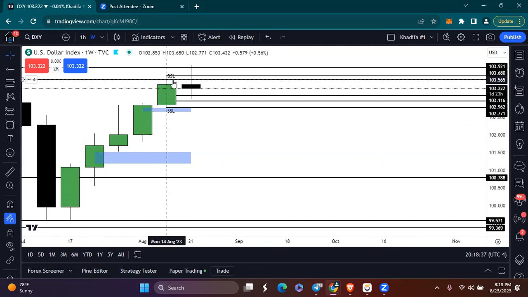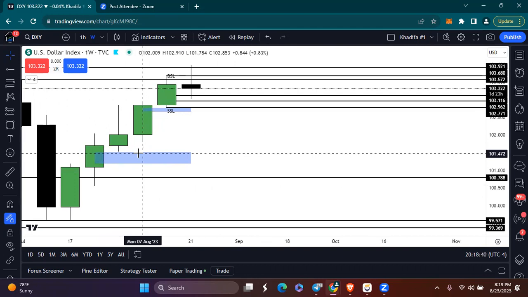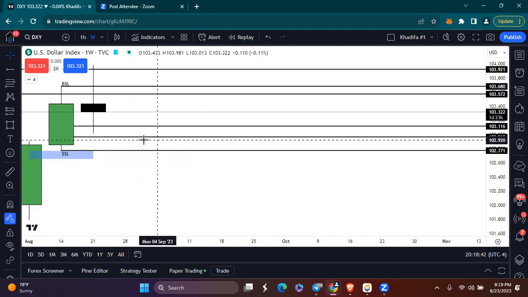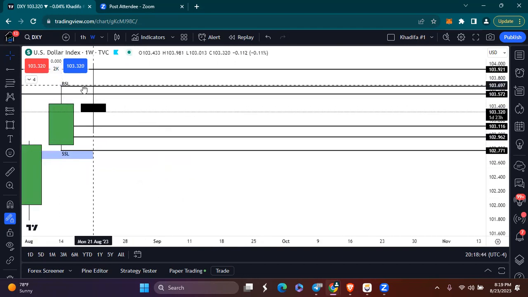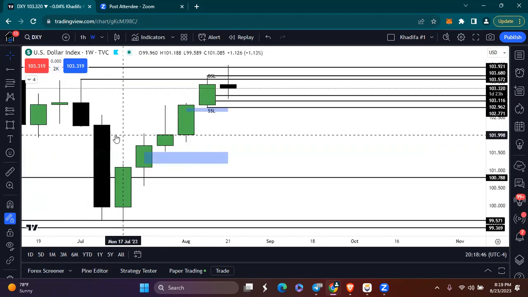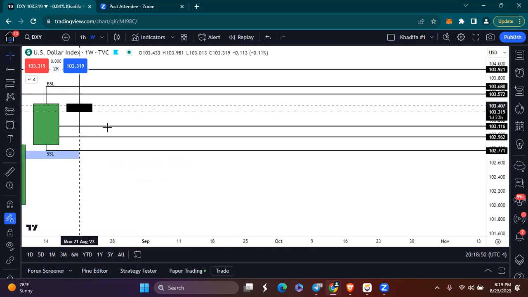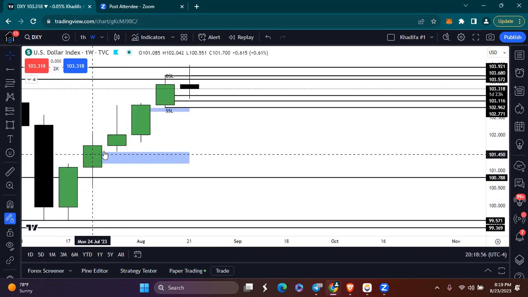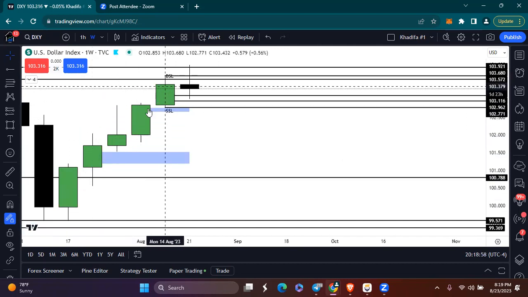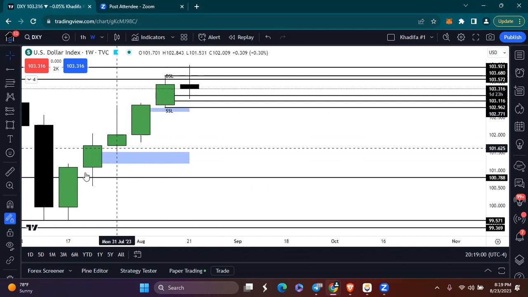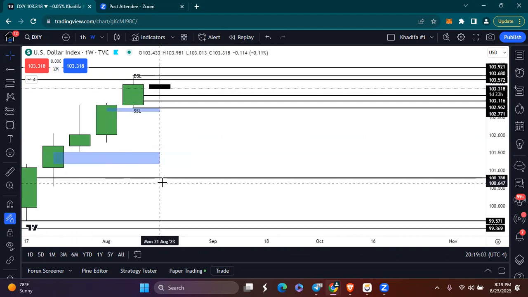5 weeks of bullishness, right? The reason I was expecting us to pull back into last week's PD array is because of all of this bullish order flow that we've been seeing over the last few months.